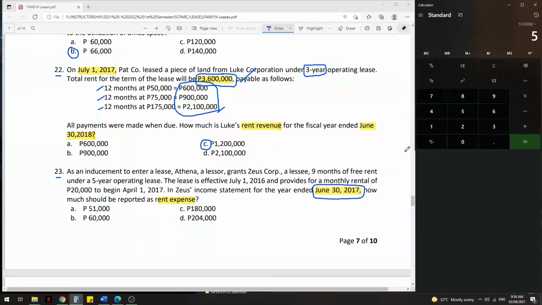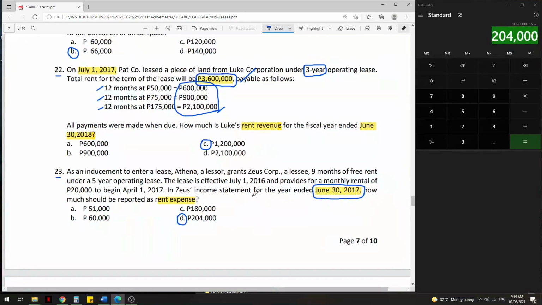Yun lang, plain and simple. So, dividing 1,020,000 by 5 years gives me an amount equal to 204,000, which is going to be my annual rent expense. Letter D ang answer natin sa number 23.